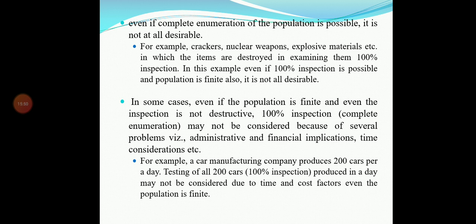There will not be a single piece of chemical if you do complete enumeration. So therefore, it is not at all meaningful, it is not possible, it is not at all desirable.